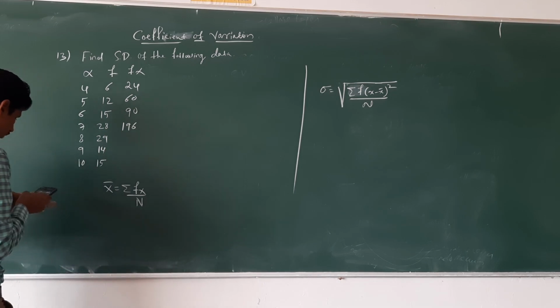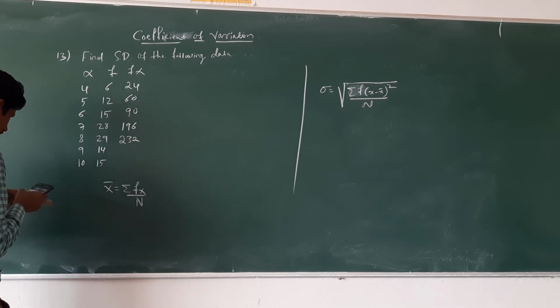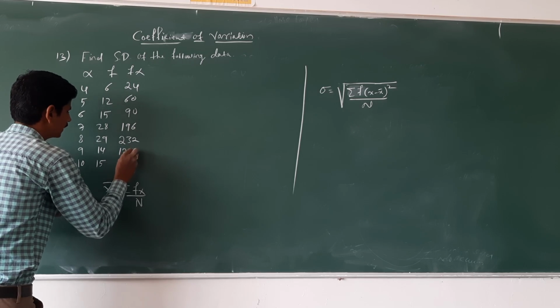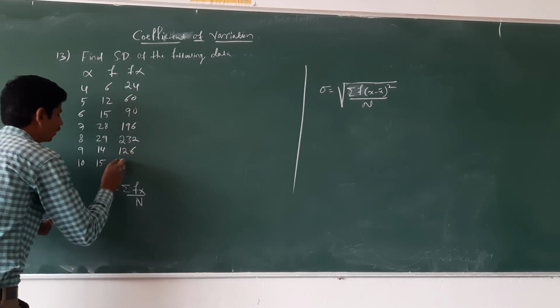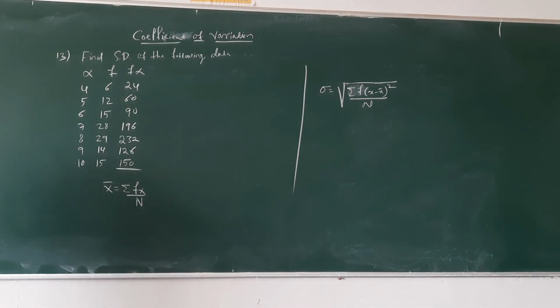The next, 29 into 8 is 232. The next, 14 9s are 126. The next, 15 10s are 150.